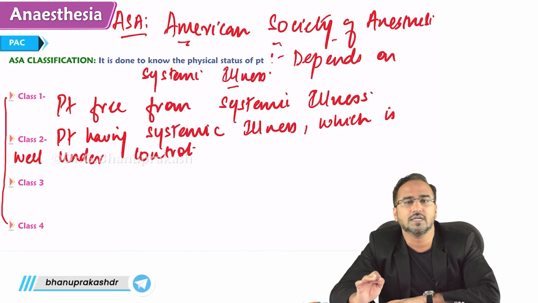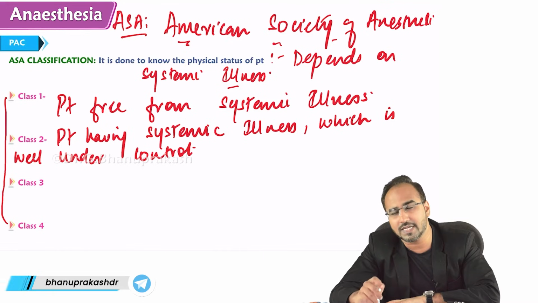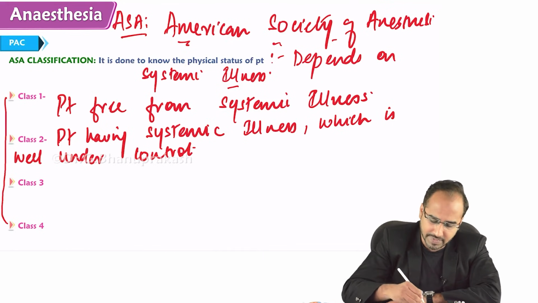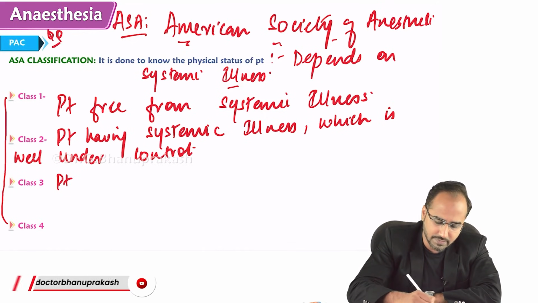Any person who is having systemic illness, is it controlled or uncontrolled, guys? Uncontrolled. Any person having systemic illness which is not under control comes under ASA 3. The whole ASA classification is important, guys.